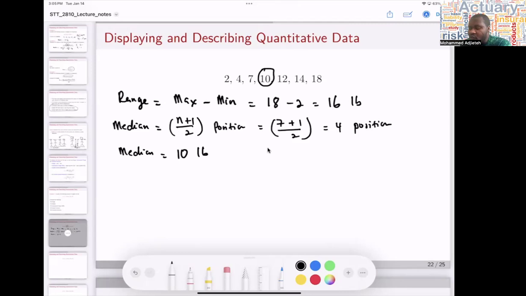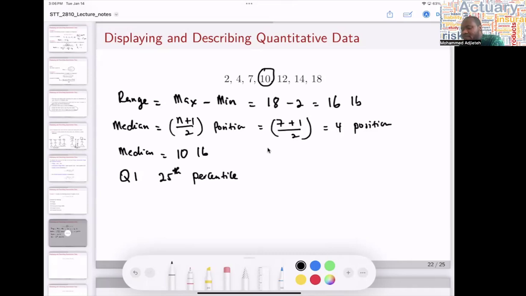The next thing we want to do is to compute the interquartile range. We've already provided those formulas here, so if you want to look at that. To compute the interquartile range, we first need to compute the first quartile, which I denote by Q1. It is also called the 25th percentile. We divide the data into two parts and then find the median of the lower data set.